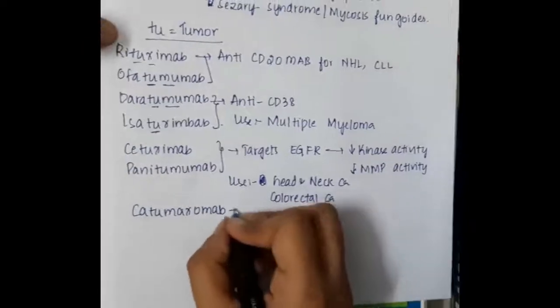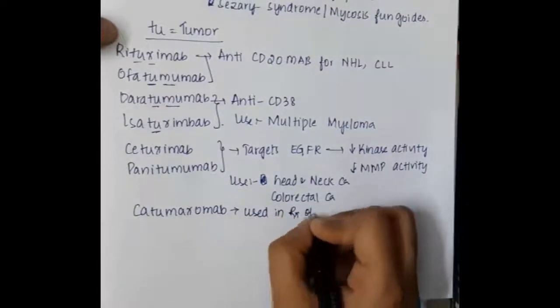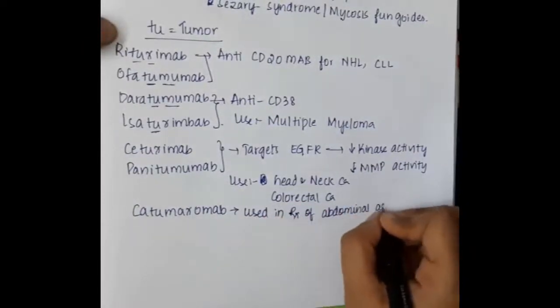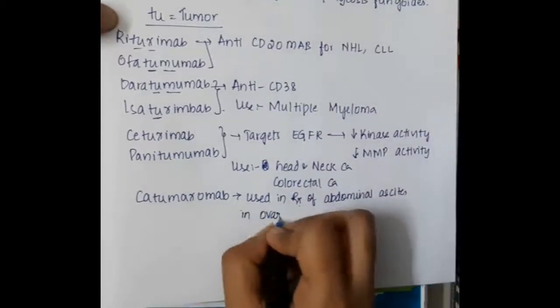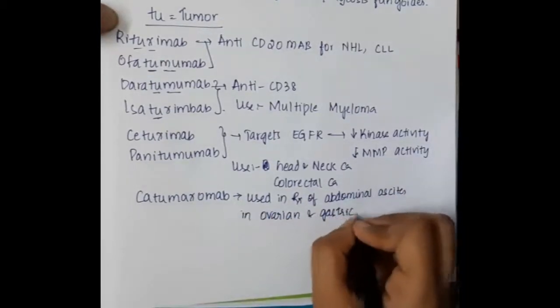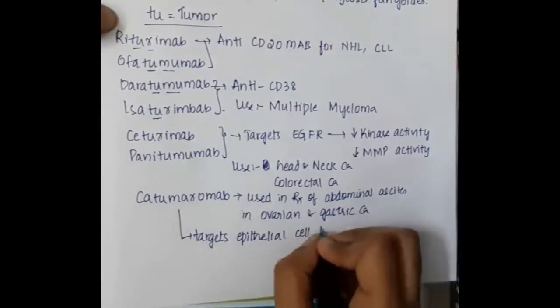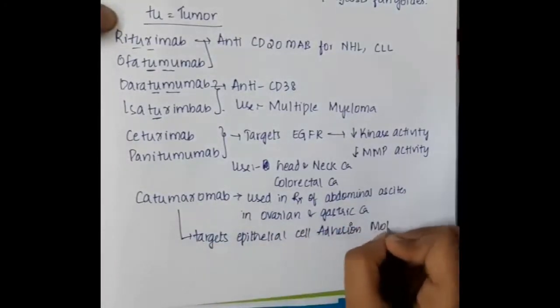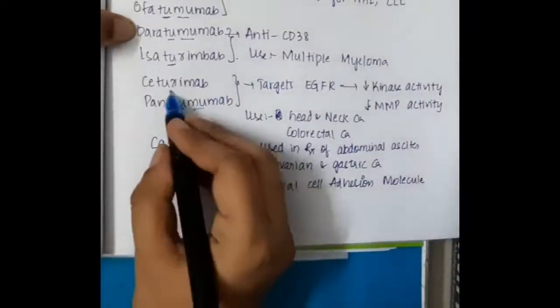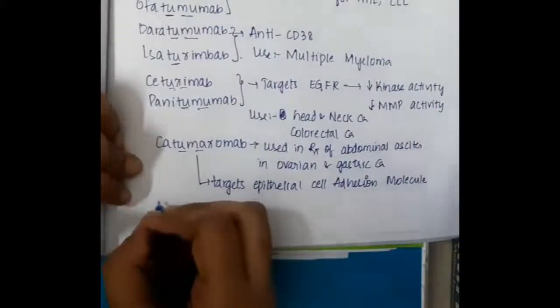Then catumaxomab, which is used in the treatment of malignant ascites in ovarian and gastric carcinoma. This catumaxomab targets the epithelial cell adhesion molecule.